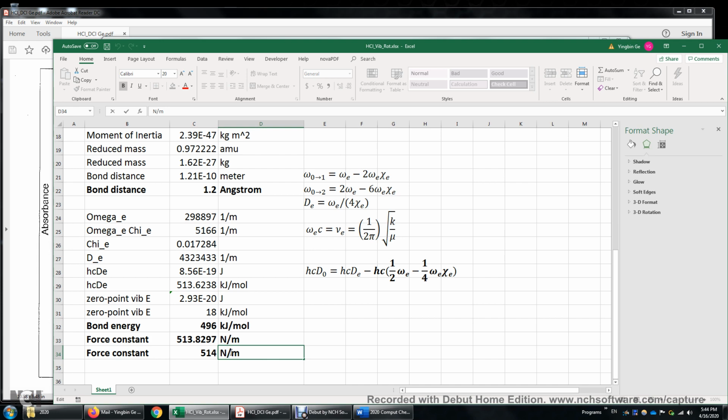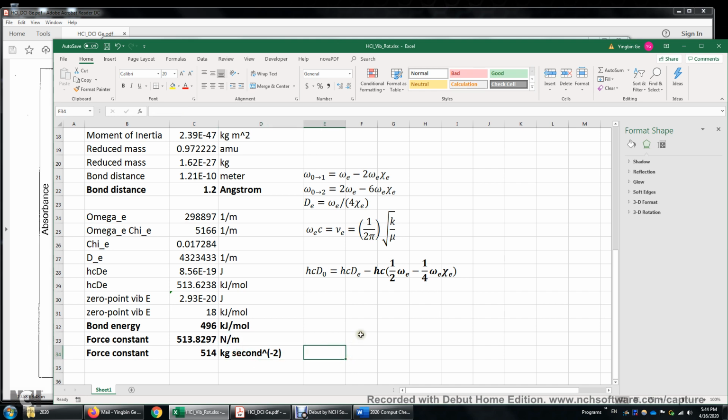So Newton is just kilogram times the unit of acceleration, meter times second to the power of negative 2. All right, so if you look at this, meter and meter cancel. So kilogram divided by second squared is also the SI unit of the force constant. It looks weird, but these two units are exactly the same.